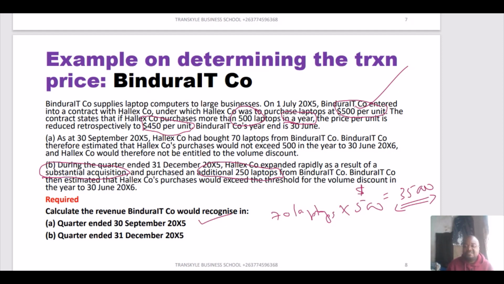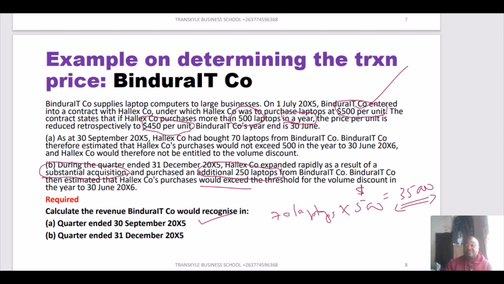There is now a probability that they may exceed the threshold. Bindura IT Co then estimated that Halex Co's purchases would exceed the threshold for the volume discount in the year to 30 June 20x6.